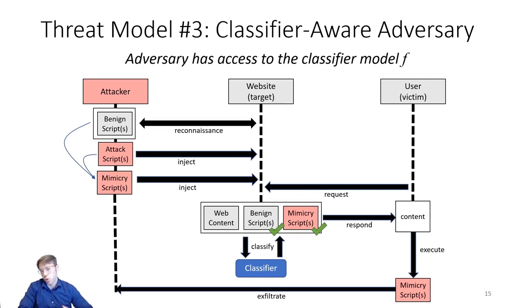We now turn to our third threat model, the classifier-aware adversary. This threat model is strictly more powerful than the reconnaissance adversary. It has reconnaissance, but additionally has access to details of the classifier and can use that in its mimicry attack.